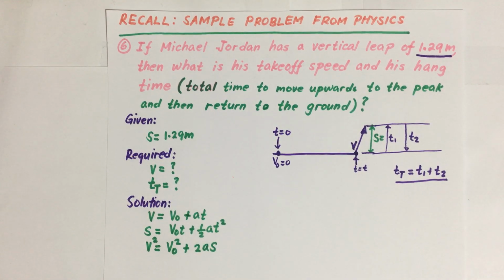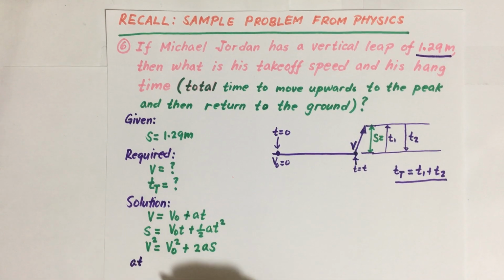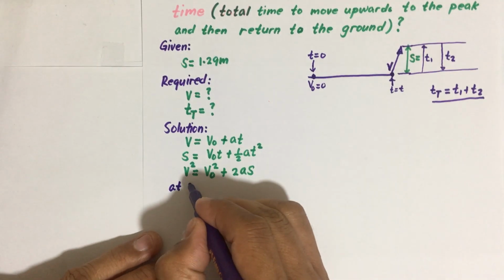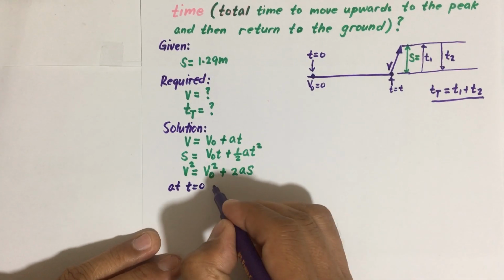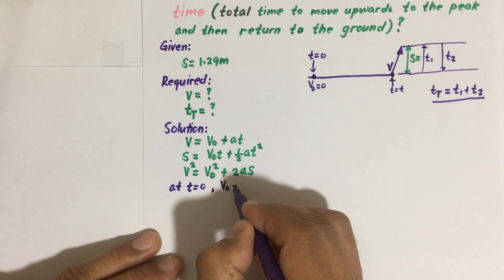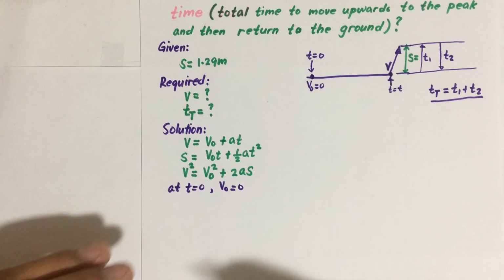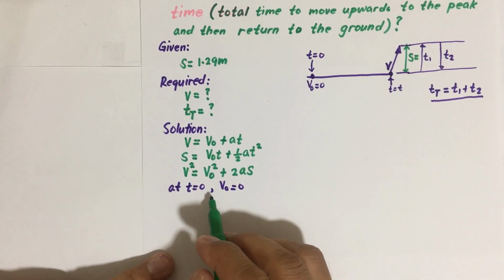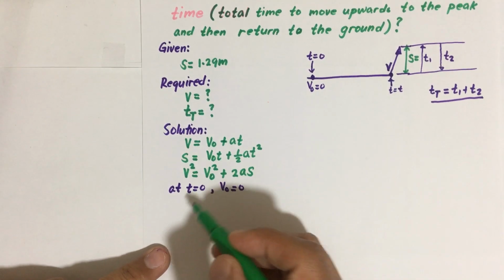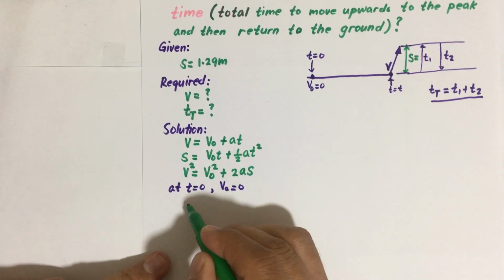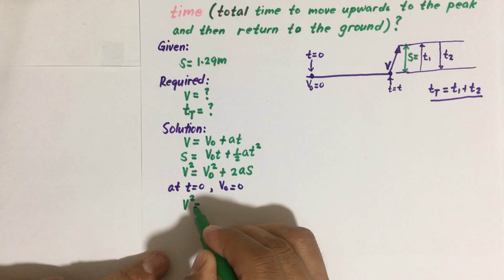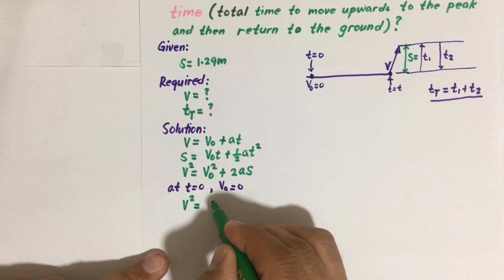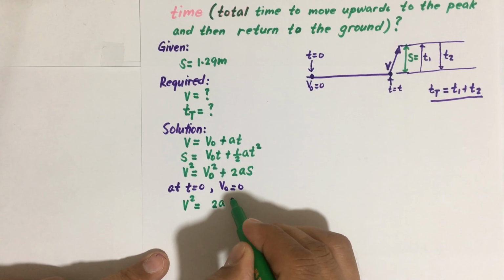As we know, at t equal to 0, we have initial velocity equal to 0 as well. Therefore we can use this formula: v squared equal to 2as.